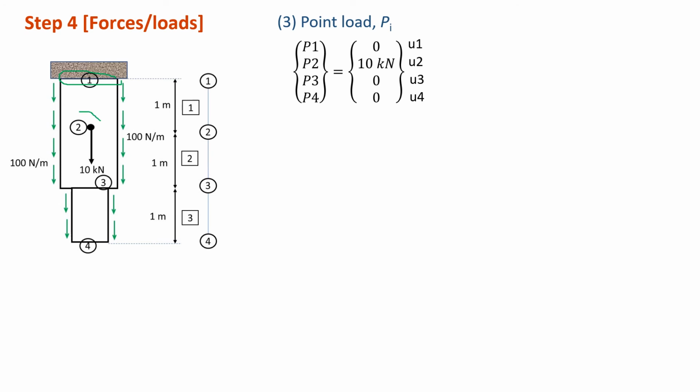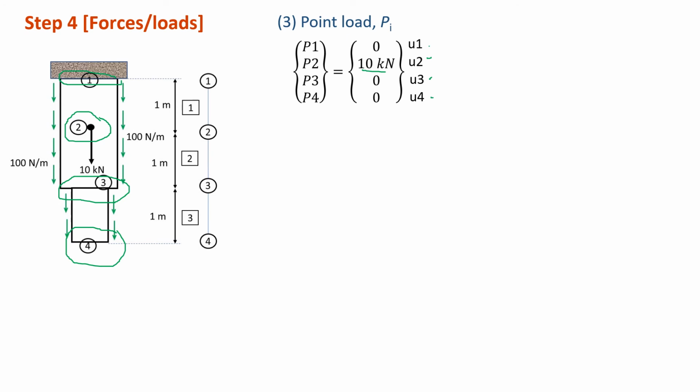At node 2, yes, we have 10 kilonewton. At node 3, check again, we don't have any point load. And at node 4, we also don't have any point load. So only at node 2, 10 kilonewton. Alright, and put this notation for your own reference.